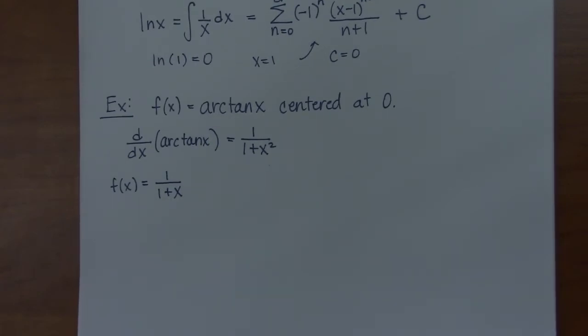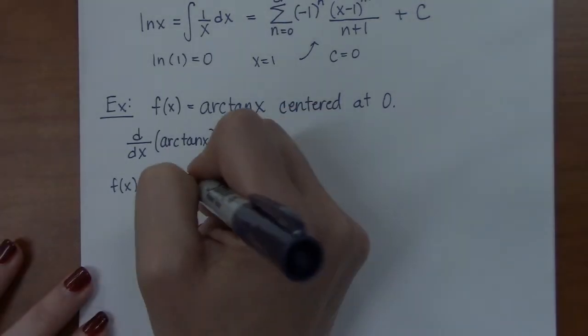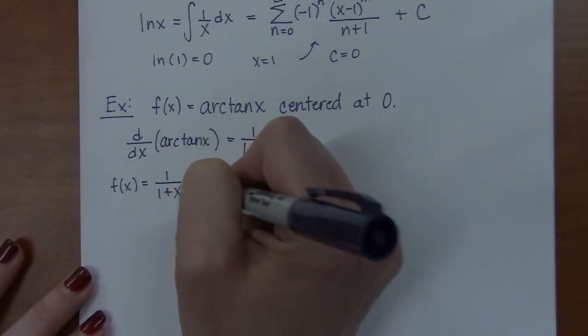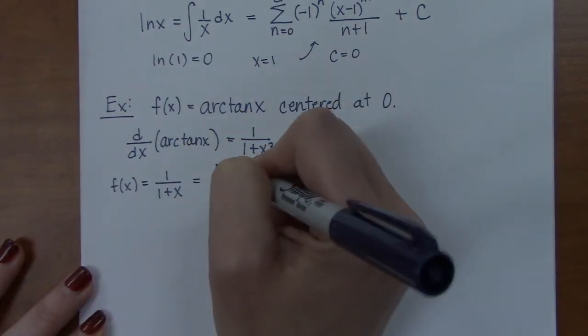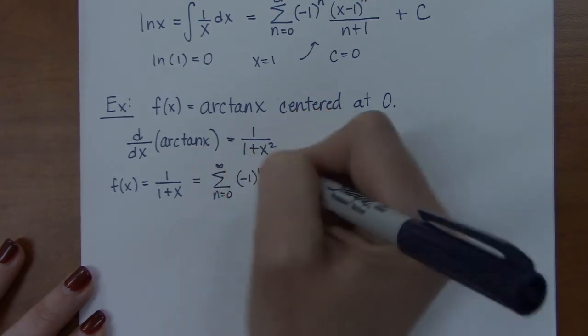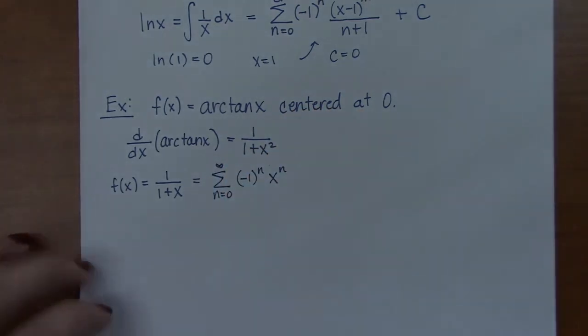And we actually wrote this one out. We said, well, if we rewrite that denominator as 1 minus (negative x), we now have a power series, and this guy worked out to be the series of negative 1 to the n times x to the n. That's a very simple series.